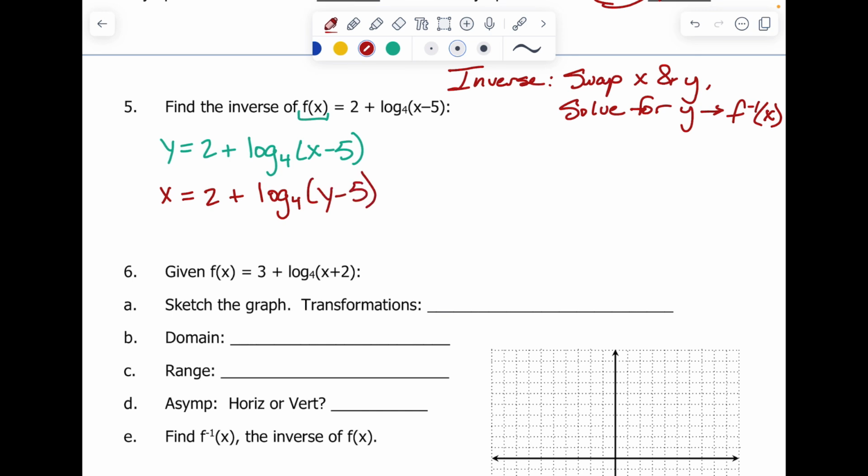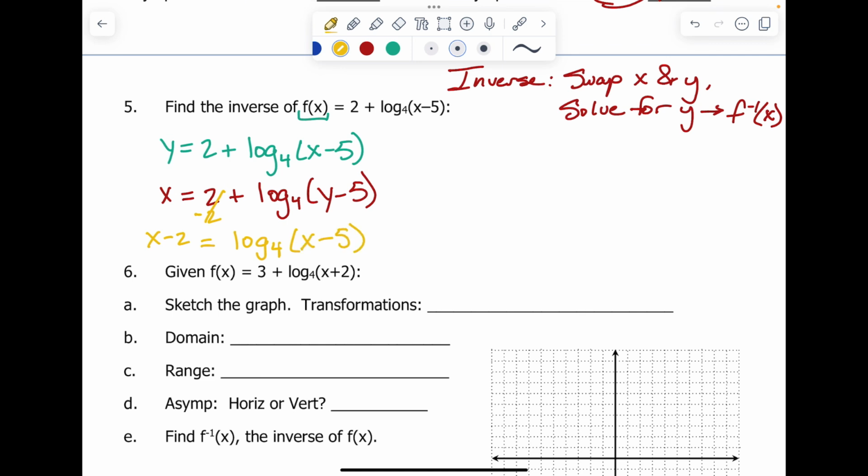And now we've got to do all of the inverse operations to get rid of everything surrounding this y. So the first thing we want to do is subtract 2 from both sides. We want to get that 2 moved over. So that gives me x minus 2 equals log base 4 of (y minus 5).